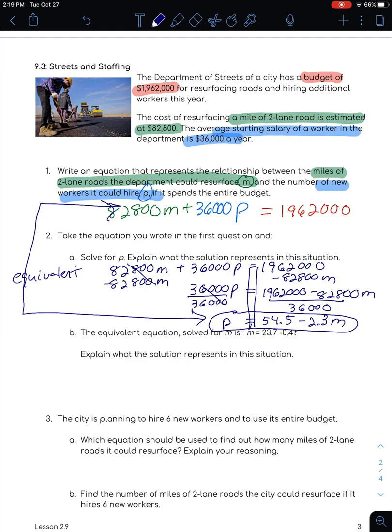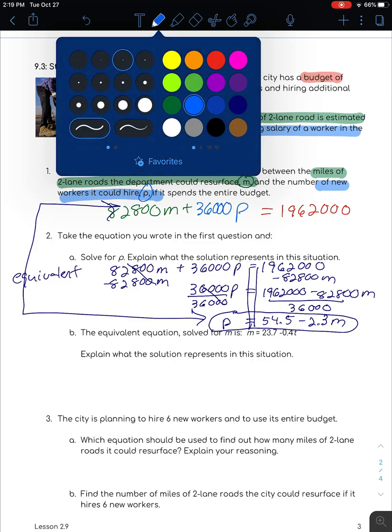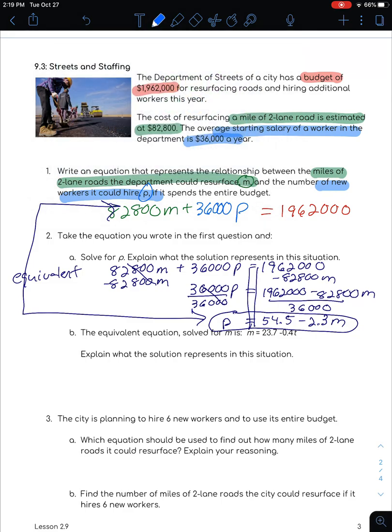I guess that was also one of the questions that was asked: explain what this solution represents. Let's talk about that for a second. The solution is going to represent P. We're solving for P, which is the number of workers.